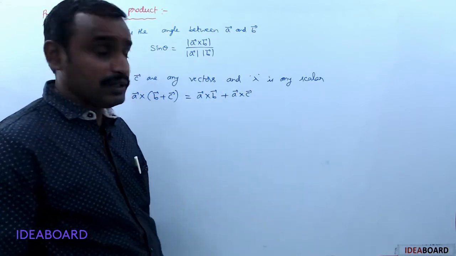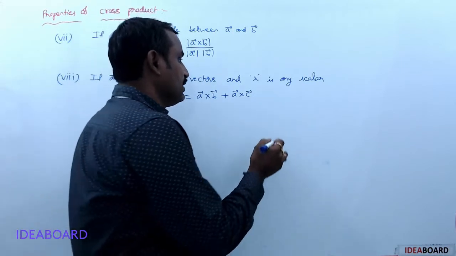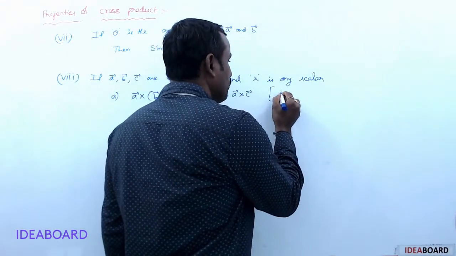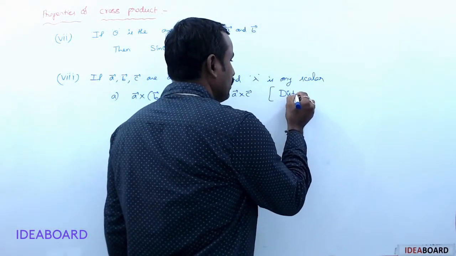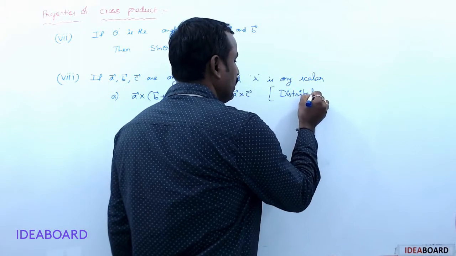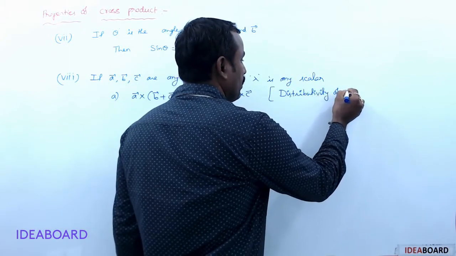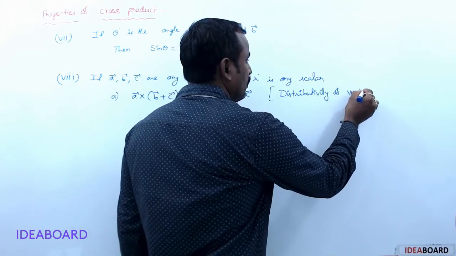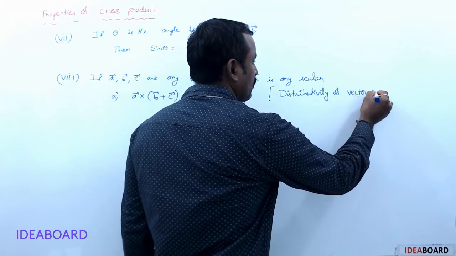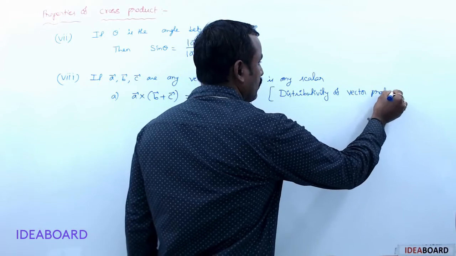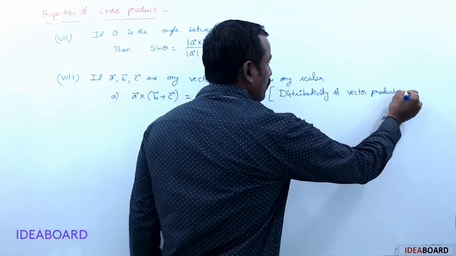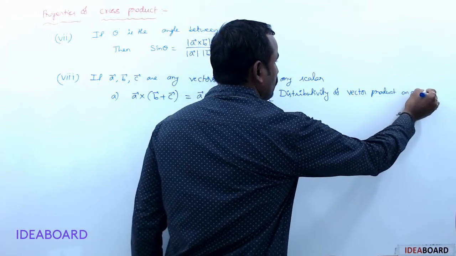So now this property indicates distributivity of vector product over addition.